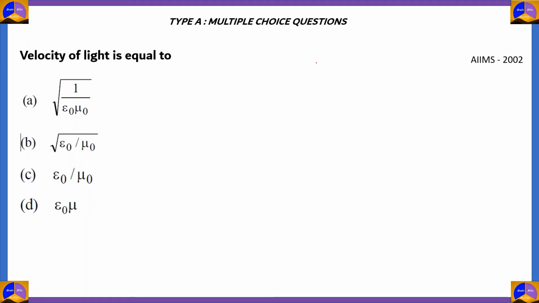So over here, epsilon naught is permittivity. It's a constant. And mu naught is permeability, another constant.